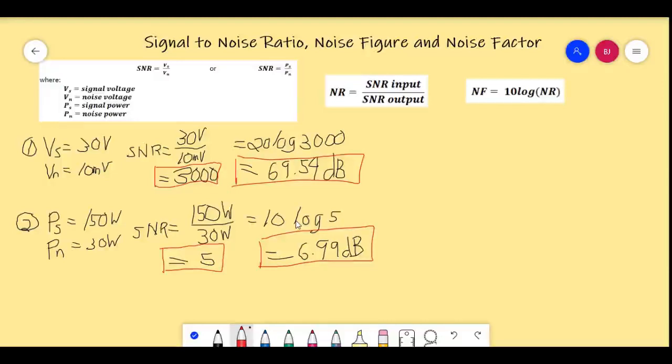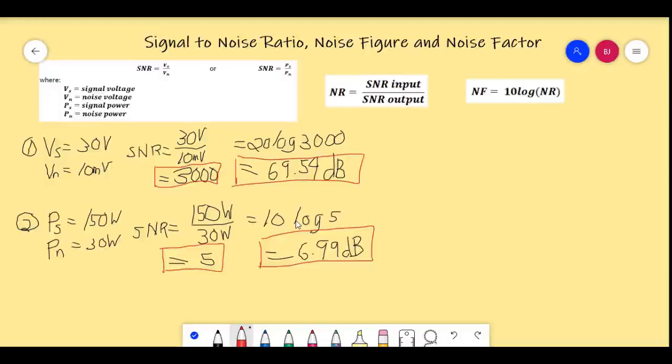With that being said, we look at our noise figure. So the noise figure is actually the ratio of the signal to noise ratio of the input over the output. So although the signal to noise is already a ratio, the noise figure is a ratio of a ratio.